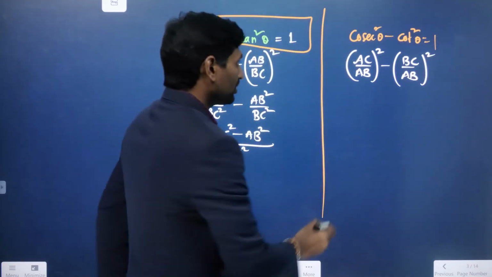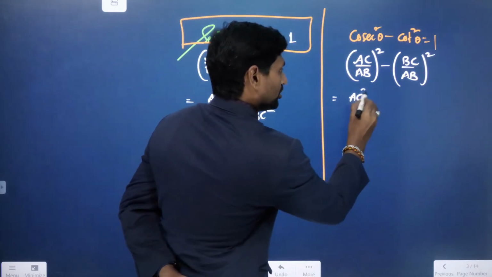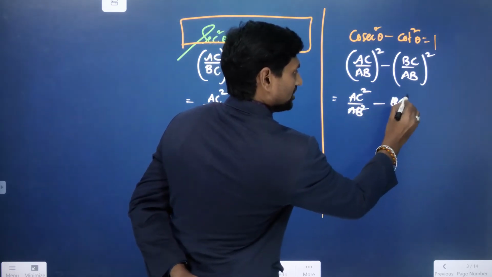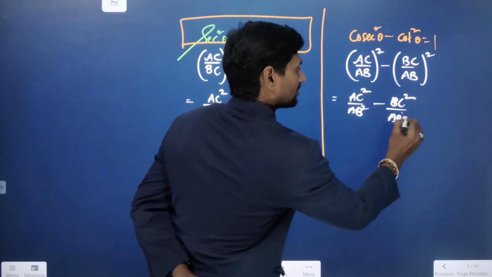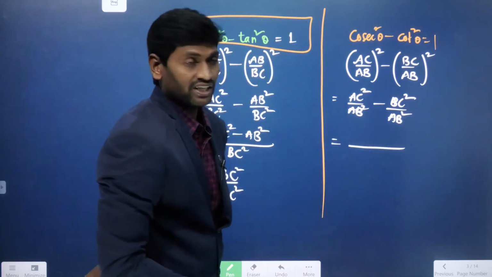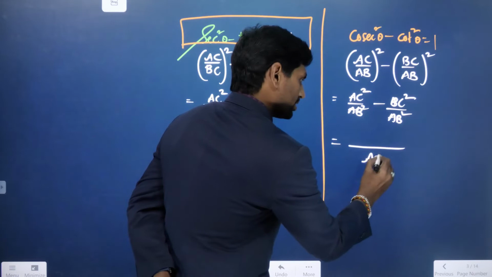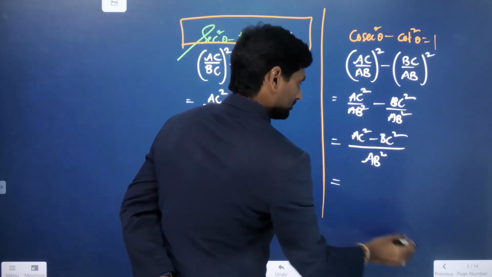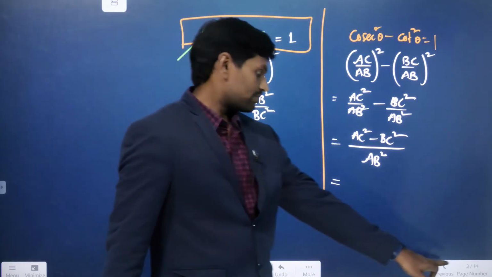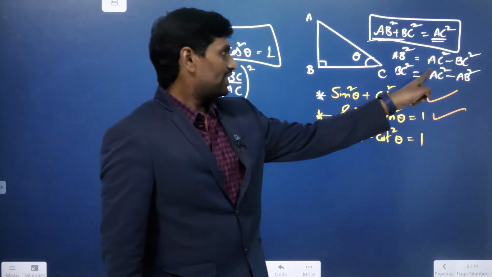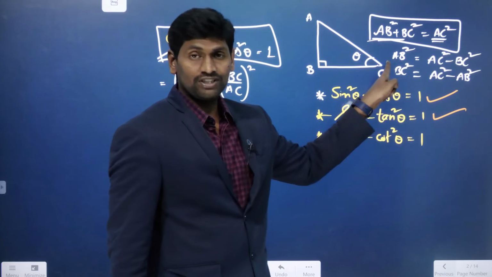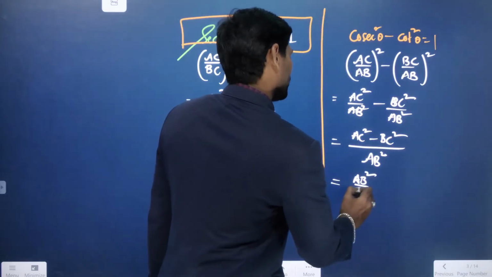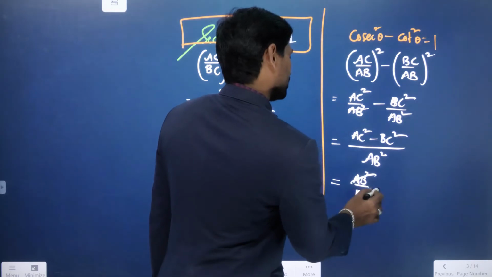Applying the square to numerator and denominator, AC square by AB square minus BC square by AB square. Having the same denominator AB square, the numerator is AC square minus BC square. What is the value of AC square minus BC square? It is nothing but AB square. So AB square by AB square, both are cancelled, answer 1.